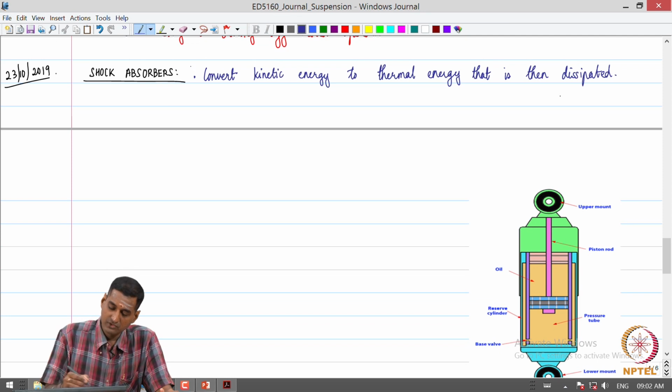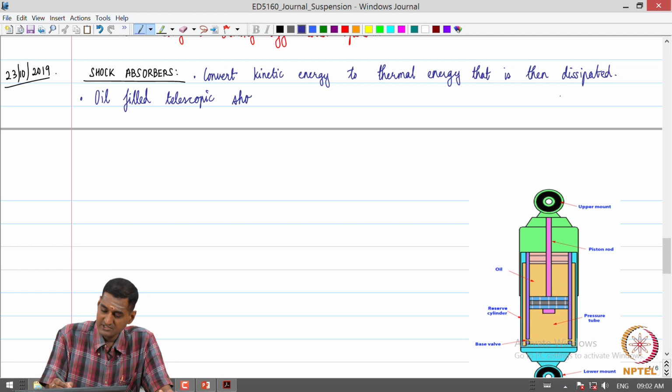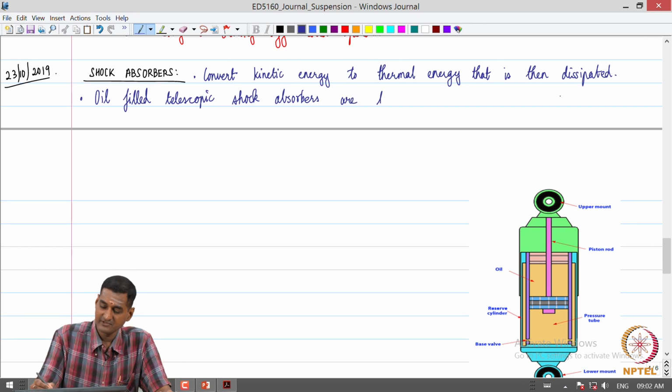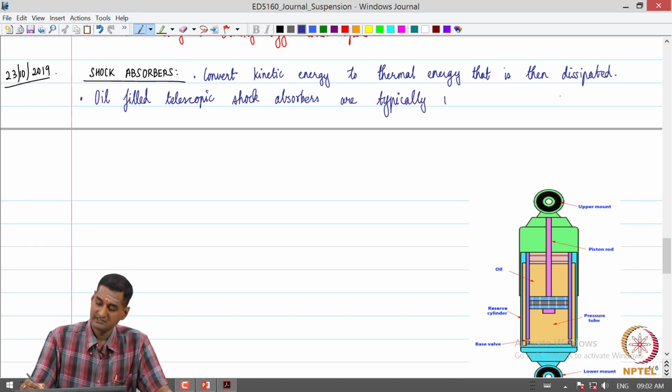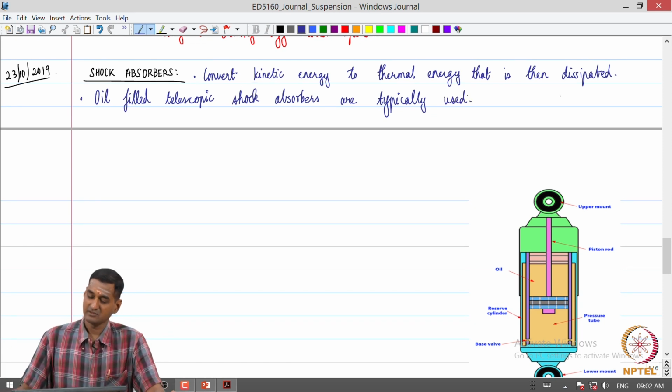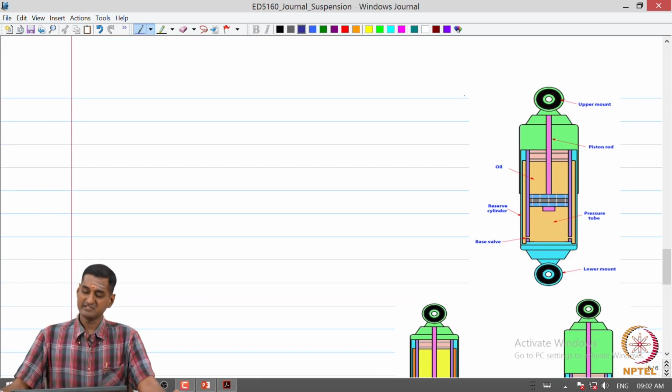Primarily, what are called oil filled telescopic shock absorbers are used in automotive applications. So what are these oil filled telescopic shock absorbers? Let us look at a simple schematic.